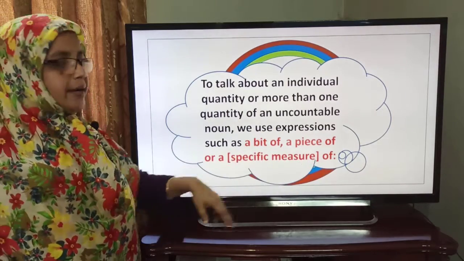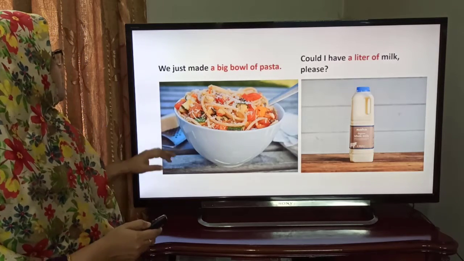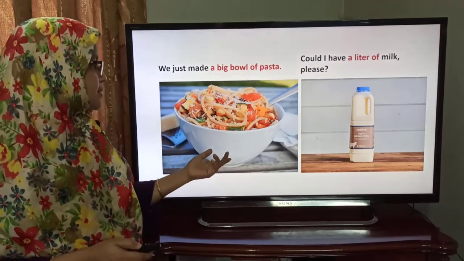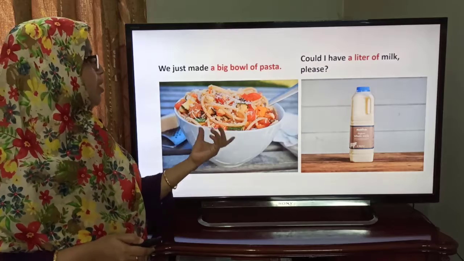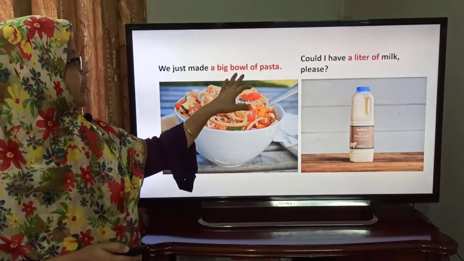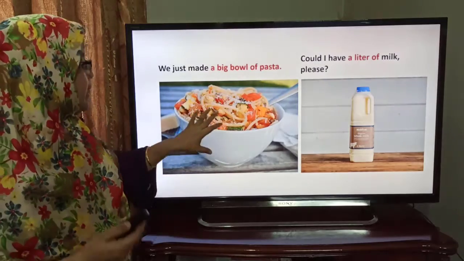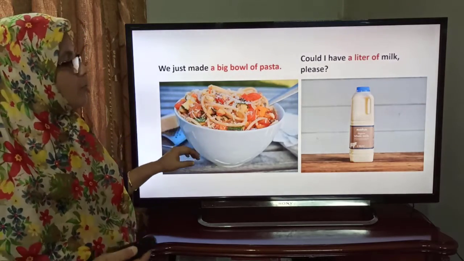Clear? Let's see an example. We just made a big bowl of pasta. In this case we want to say this amount of pasta, so we use a bowl of.